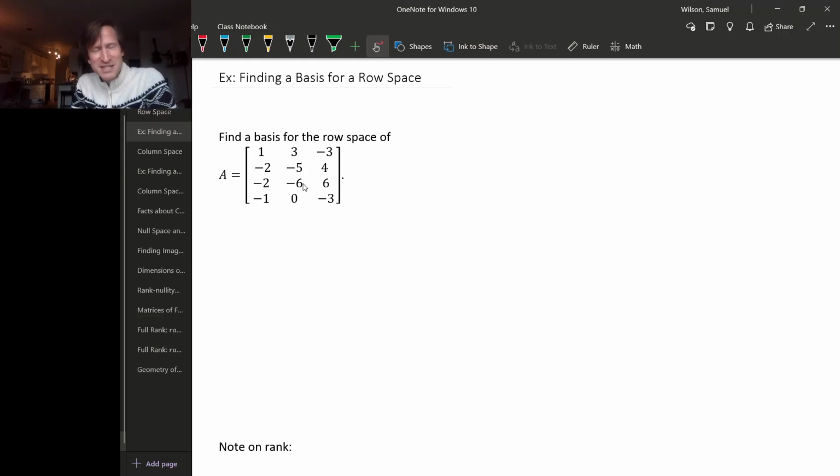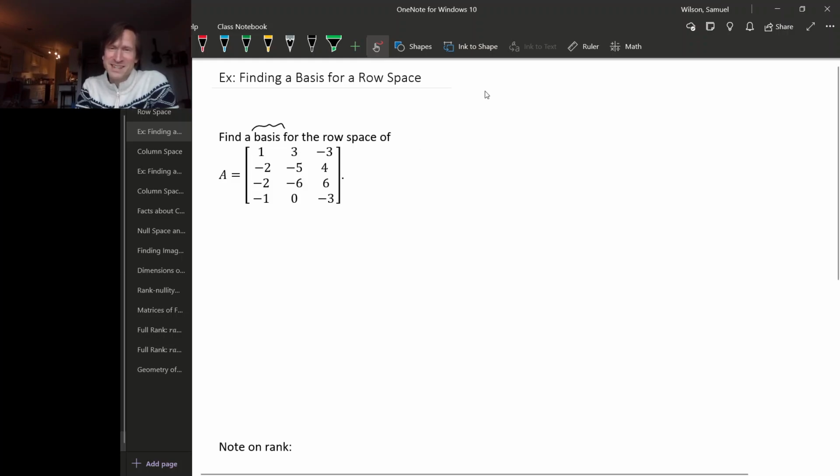If we reduce this matrix to a row echelon form, then the rows will obviously be linearly independent, and that's what we need to have a basis. We just need to somehow find a minimal spanning set for the span of these rows, but one that is also linearly independent. But the rows in a row echelon form are always linearly independent because of that staircase pattern of ones. That makes it so that the rows have to be linearly independent.